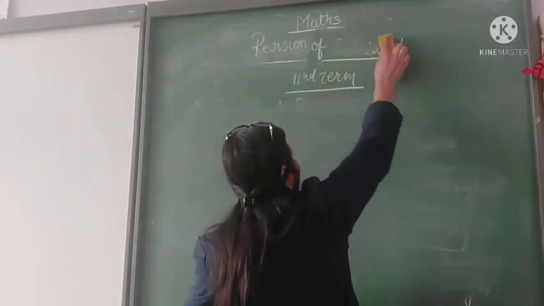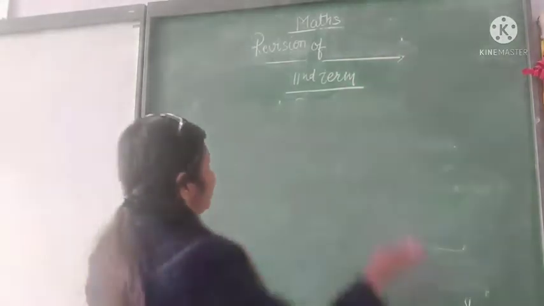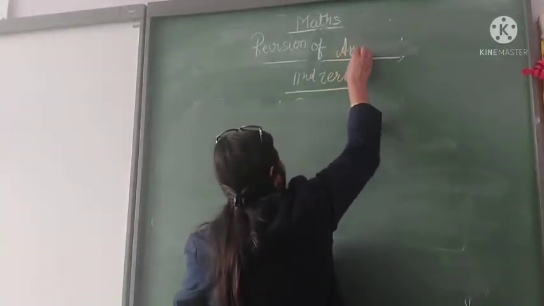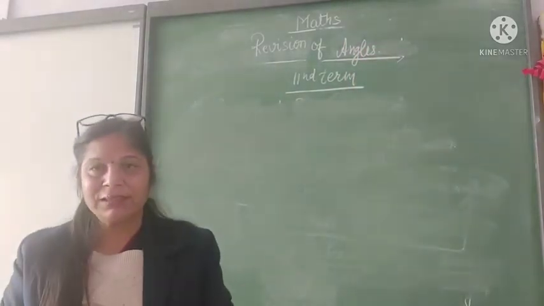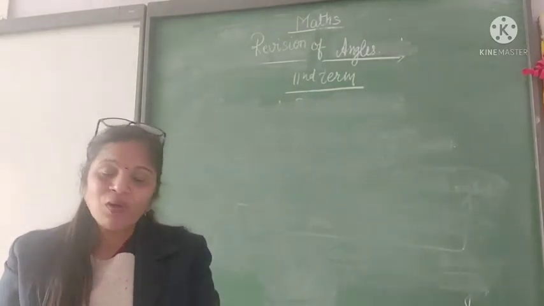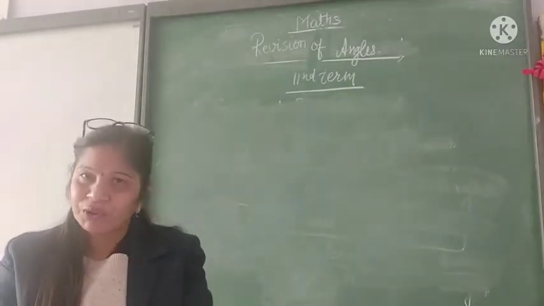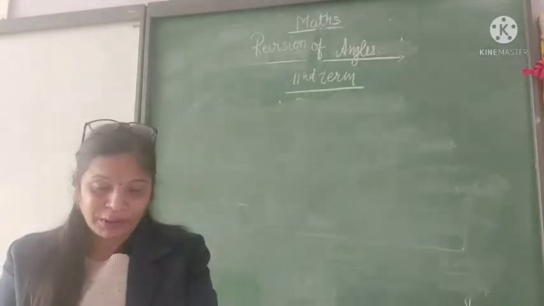Now we will do the revision of angles. Already we have discussed the angles: what angles are and how they are formed, and I have taught you how to draw an angle with the help of protractor.